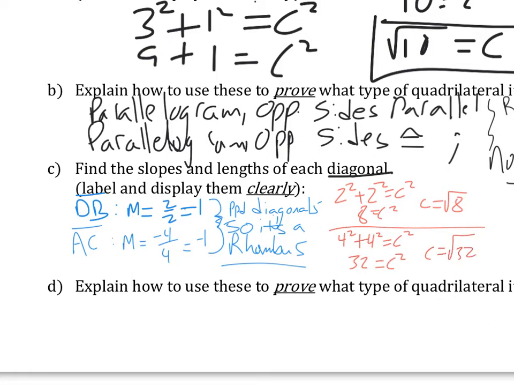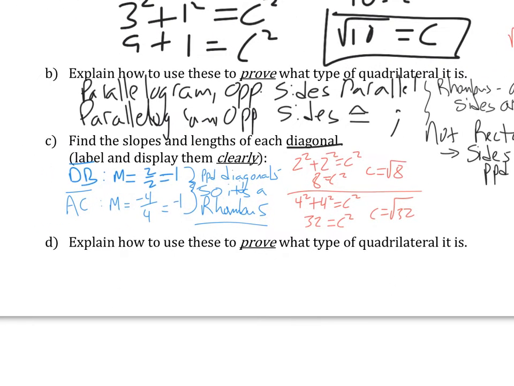All right, so moral of the story, these are not the same. And since they're not the same, this one and this one are not the same. So it's not a rectangle, okay? And again, we kind of already knew that, all right? So now, last but not least, what does this prove? It proves it's a rhombus, but not a rectangle or a square.